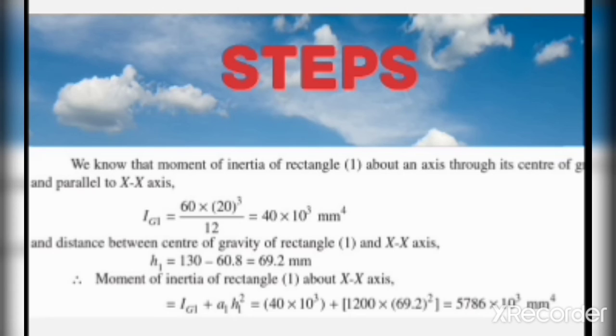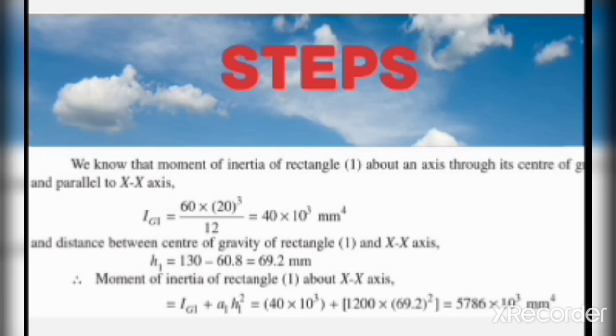Here we have to know another theorem, the parallel axis theorem. The parallel axis theorem is used to find I_XX. What is the parallel axis theorem? If you want to find the moment of inertia about any reference axis, we find the moment of inertia about the centroidal axis of the particular section, plus the area multiplied by the square of the distance between the centroidal axis and the base.